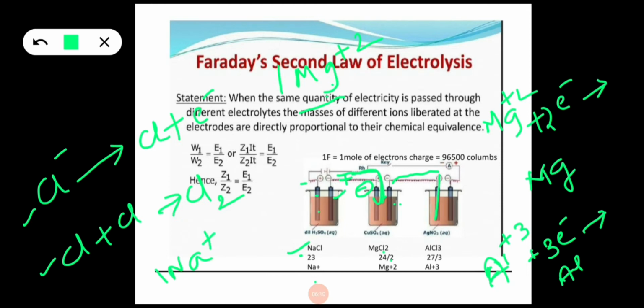So to neutralize n moles, or 6.023 into 10 to the power of 23 ions, of Na plus charge, we need 1 Faraday of electrons. But to neutralize magnesium plus 2, as it is having 2 positive charges, we need 2 Faraday of current.